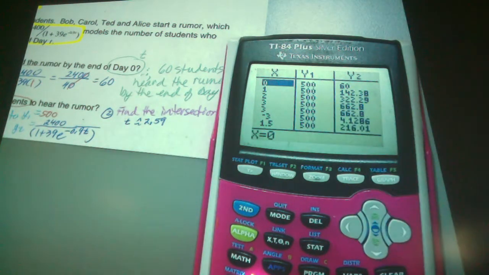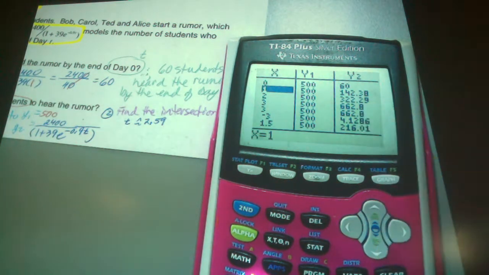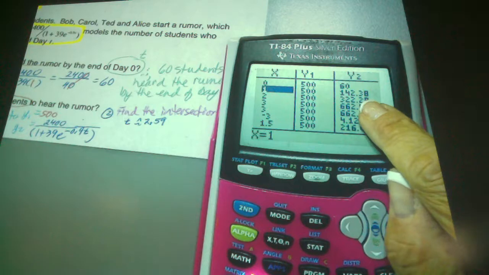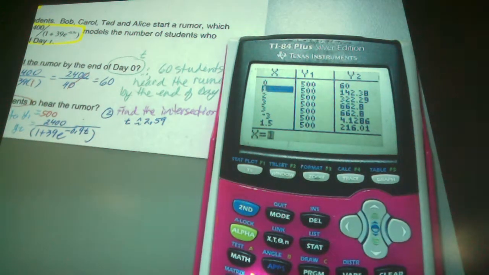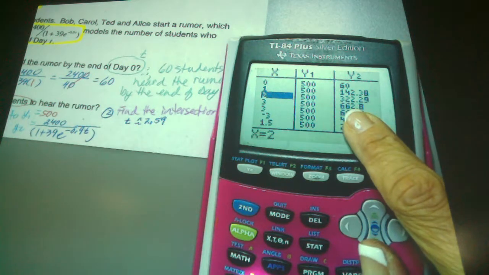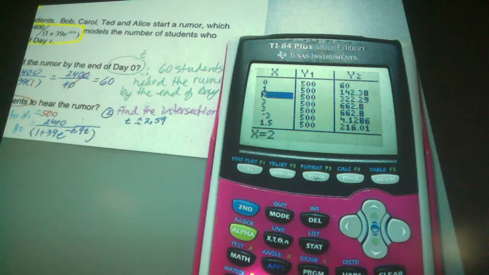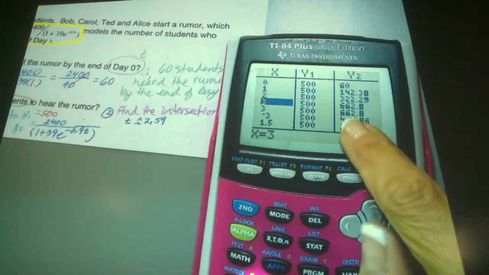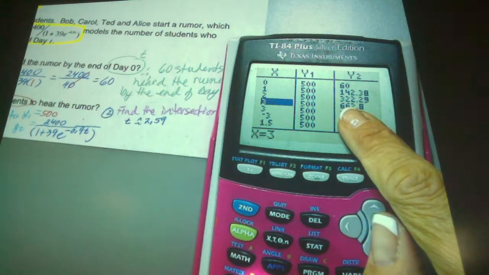After day 1, we now have 142 students who have heard the rumor, and then a portion of the students haven't heard the rumor. And then after day 2, 322 students heard the rumor, so it's still not enough to get up to 500. After day 3, though, haven't I gone to 662? So somewhere between day 2 and day 3, which is what we came up with, they heard the rumor.